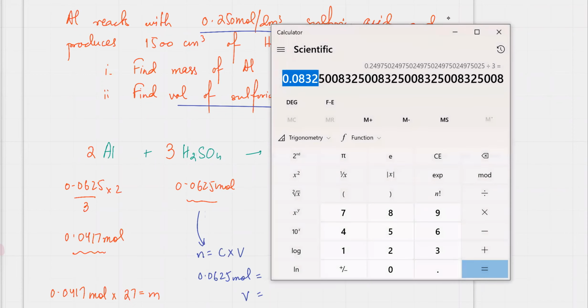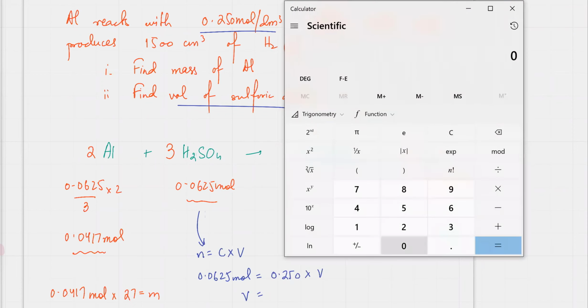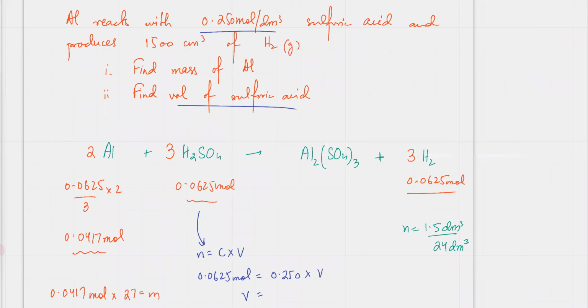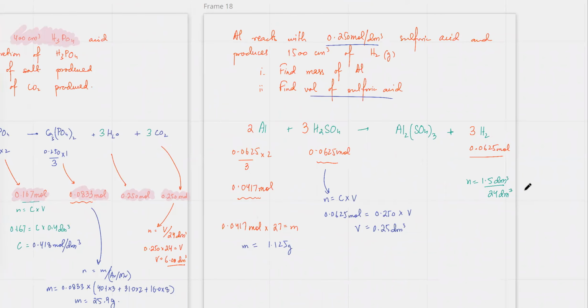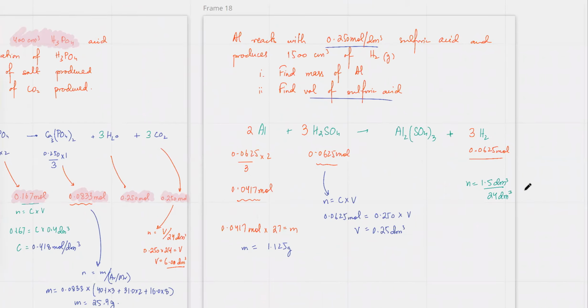Let me just check one second. 0.0625 divided by 0.25 gives me 0.25 exactly. So we're getting 0.25 and that's dm cube. Remember, if they're looking for cm cube, multiply that by 1000. So you find your answers. The whole key is you find the moles of one thing, and you'll be able to find the moles of all the other substances.